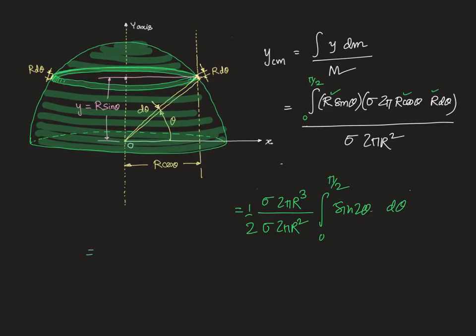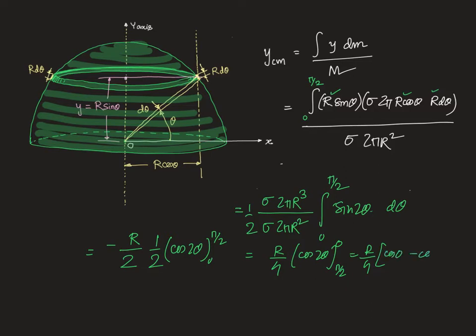So here you have r by 2 integral, so this is minus cos 2 theta from 0 to pi by 2. So r by 4, then cos 2 theta from pi by 2 to 0, you can change the limits like this. So r by 4 (cos 0 minus cos pi), so that becomes equal to r by 2. So YCM is equal to r by 2.